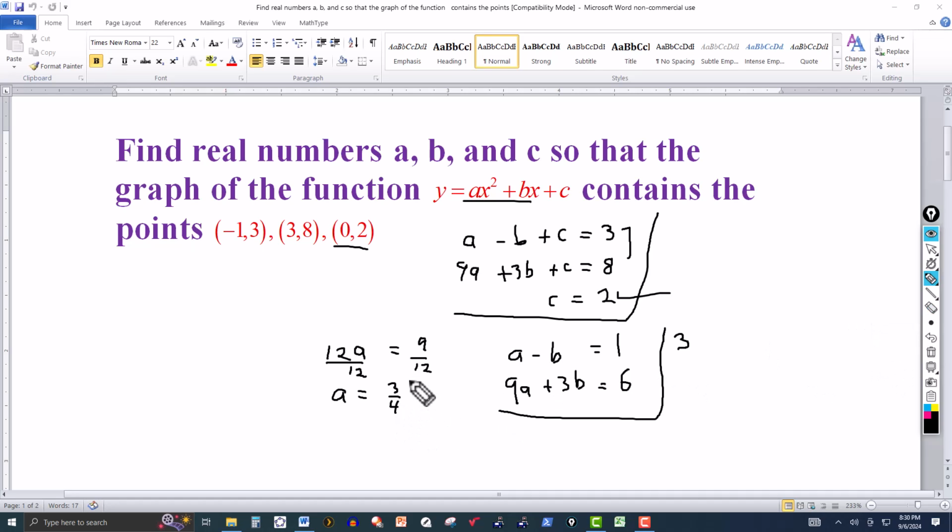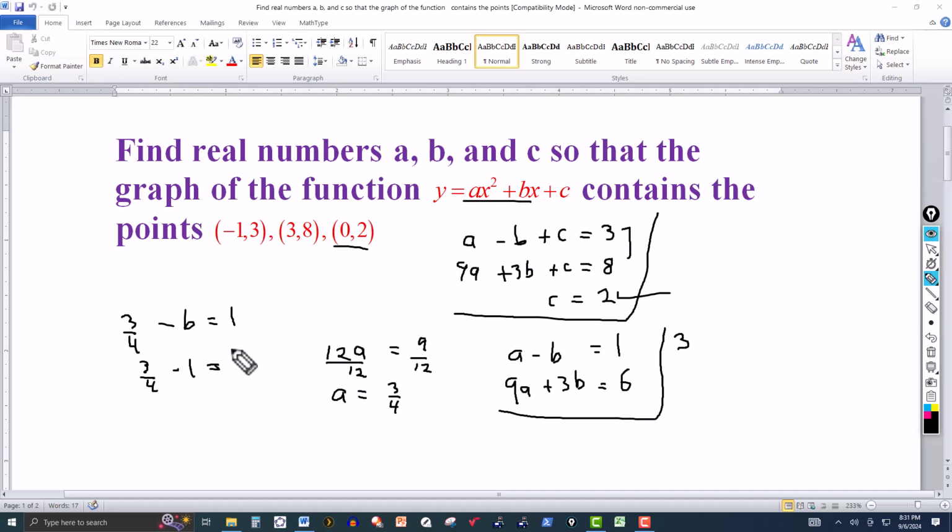So now we want the value of b. I can use either this equation, a minus b equals 1, or the second one. I'll choose the first one, smaller numbers, so let's put 3/4 where the a is. So this will be 3 over 4 for the a, then minus b equals 1. We can write this as 3 over 4, bring the 1 over, that's minus 1.